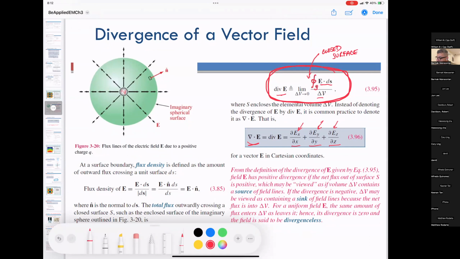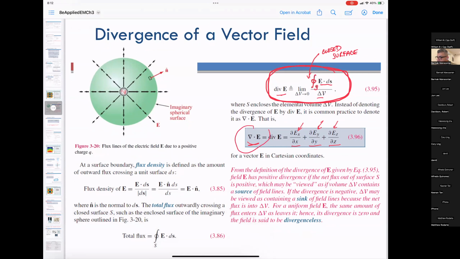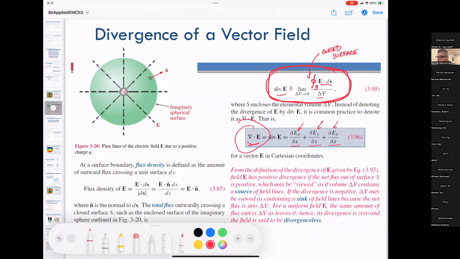Okay. So if this divergence value, after you do all that, is a positive value, then that means this vector field is pointing out from your surface. These are positive values of divergence.